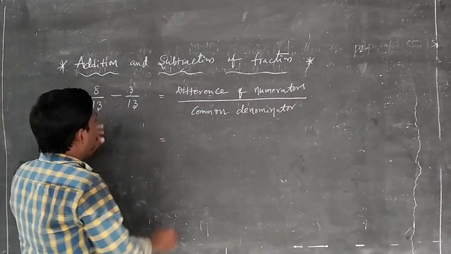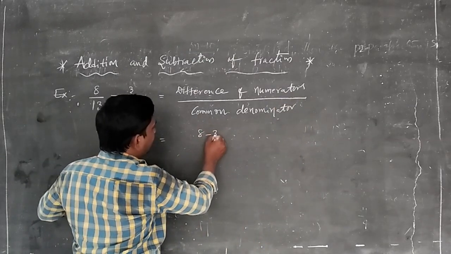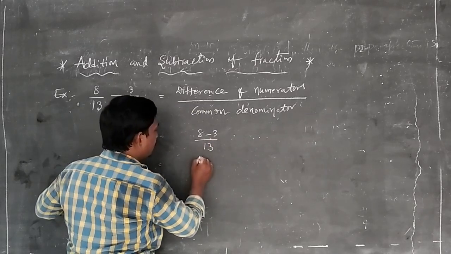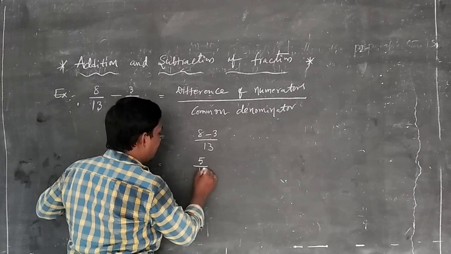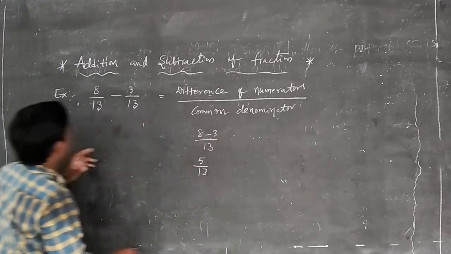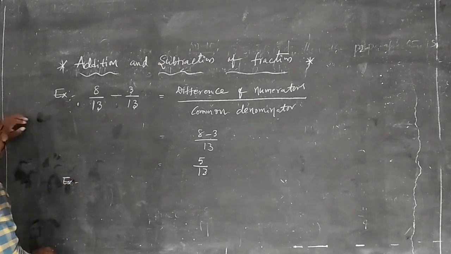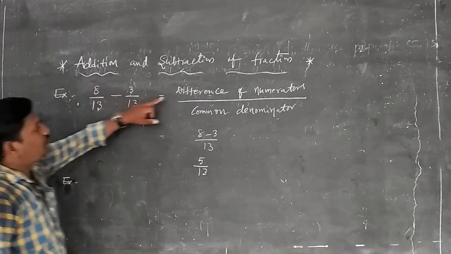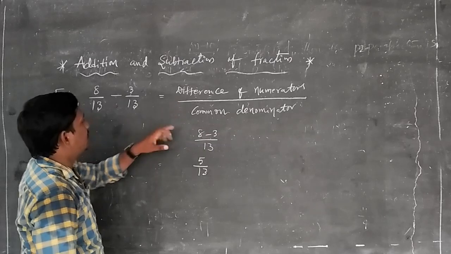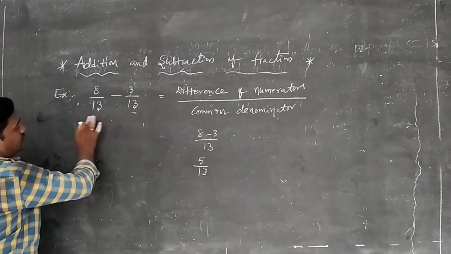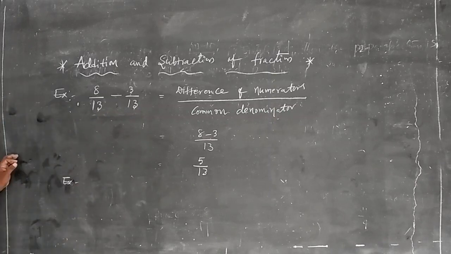That means 8 minus 3 by 13 equals 5 by 13. Another example. Difference of numerators 8 minus 3. This is only for like fractions.